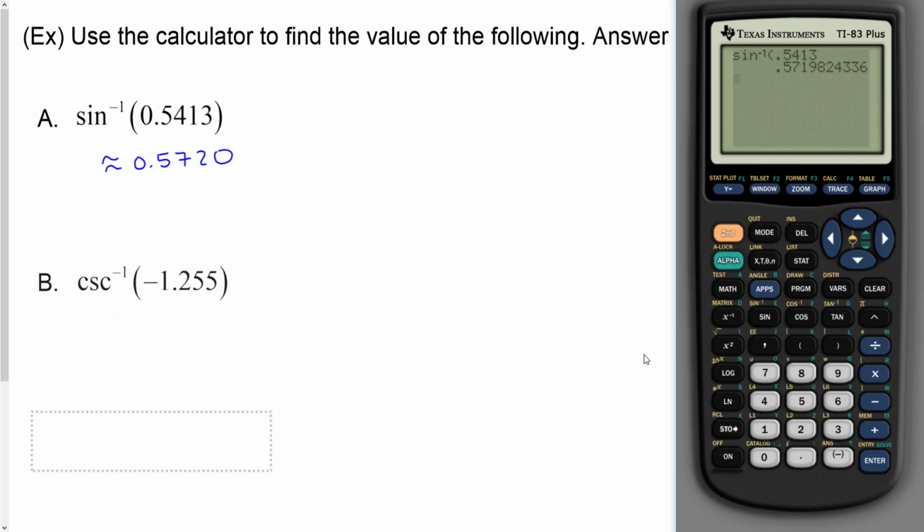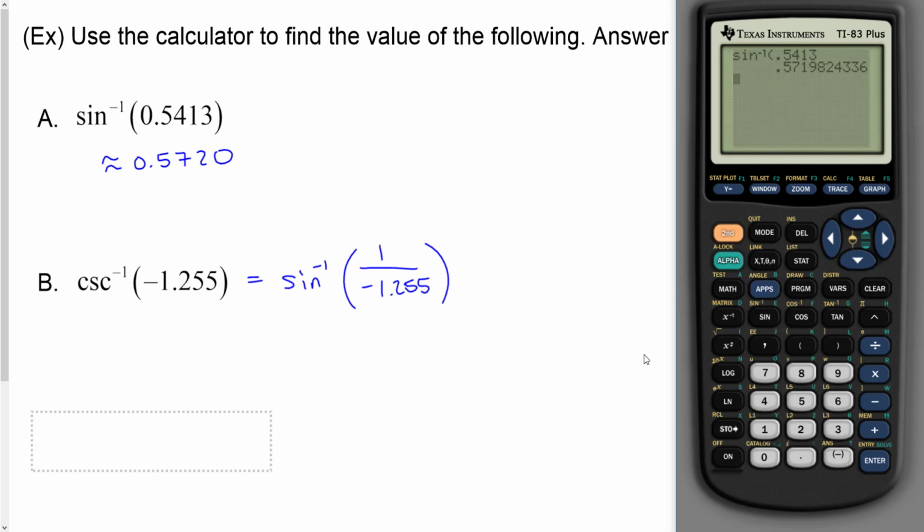For cosecant, again, there's no button here for cosecant. There's only arcsine, arccosine, and arctangent. We can evaluate arccosecant by doing the arcsine of 1 over the number provided, which is a ratio of sides.